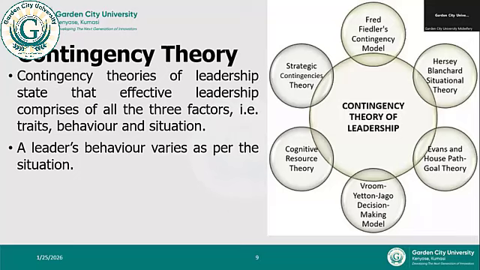So we said leaders' behavior varies as per the situations they find themselves in. If you are a leader and you do not have these three, the contingency theory will tell you that you have a loophole in your structure of leadership. They also believe there must be a cognitive resource theory, whereby there must be a balance between your intellectual ability and the resources available to you to achieve your goal.